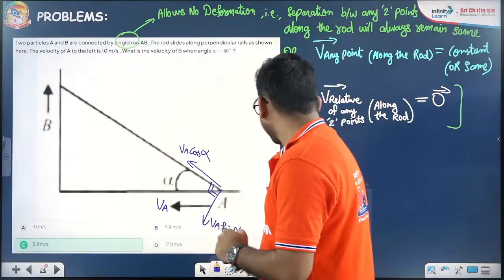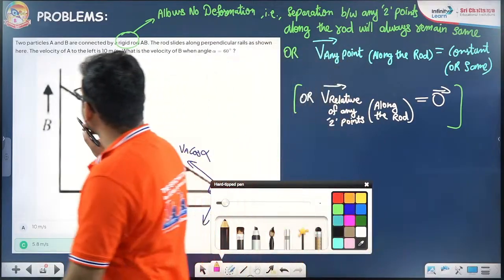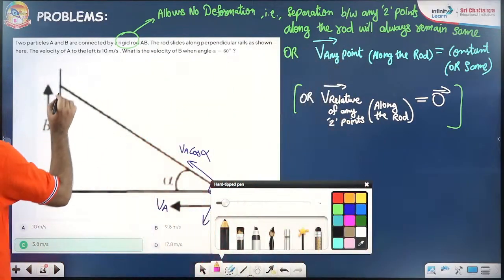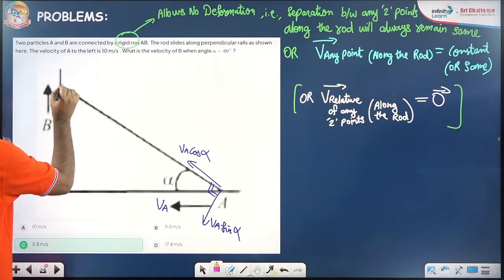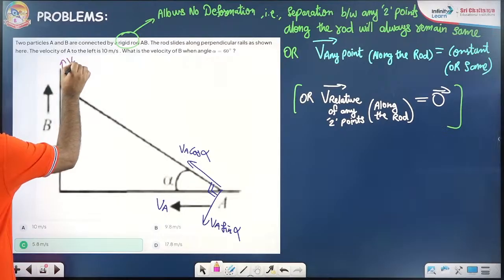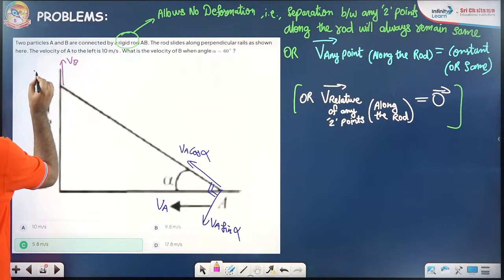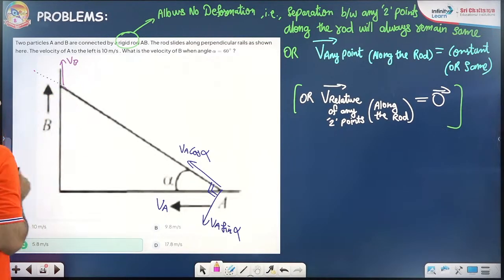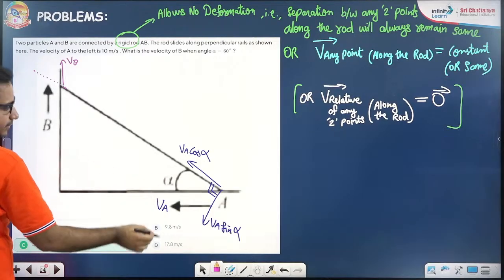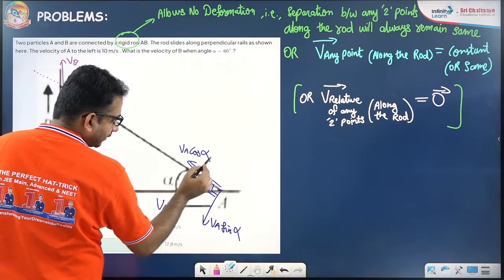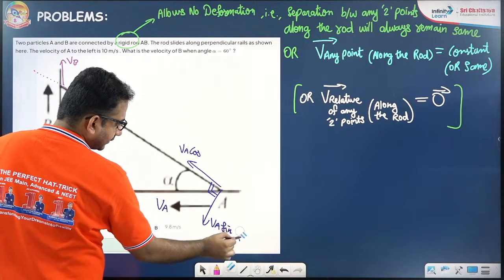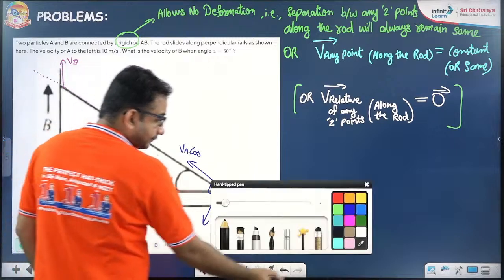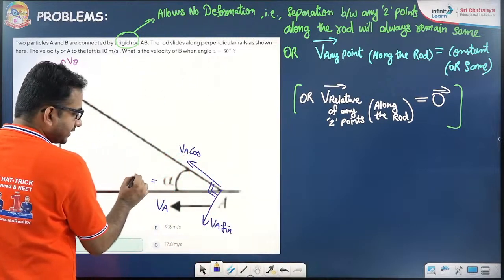Fine. Now similarly, if you observe this, if this is alpha, let's extend it here. This is basically VB. If you extend it like this, this is alpha, which is 60 degrees, given.